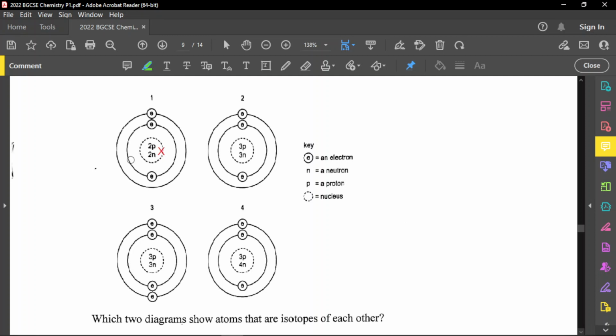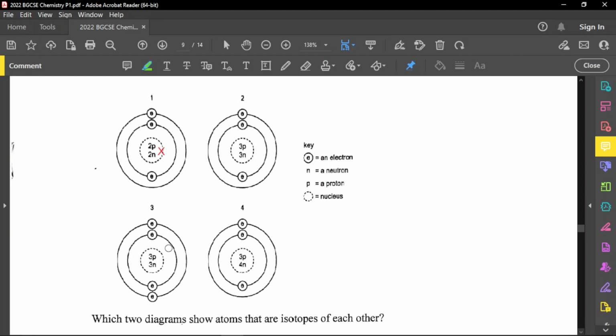We know that because to form isotopes, it must be the same element. And how do we know it is the same element? The one thing that proves that two atoms are from the same element is the proton number. For you to be the same element or the same atom, the proton number must be the same.